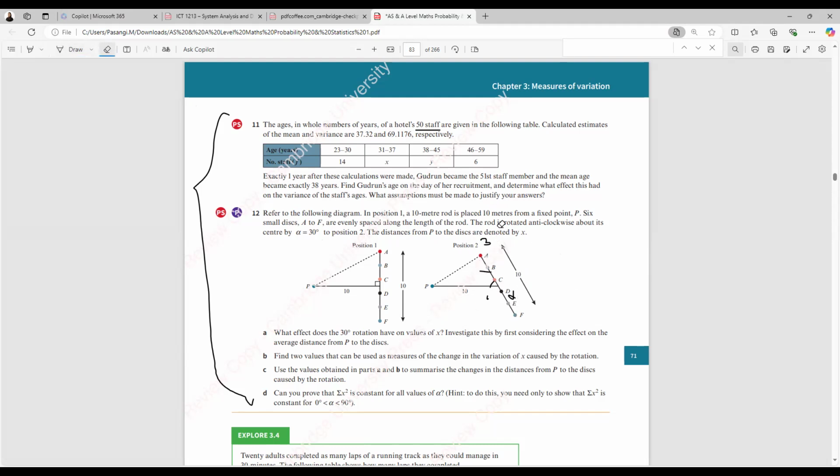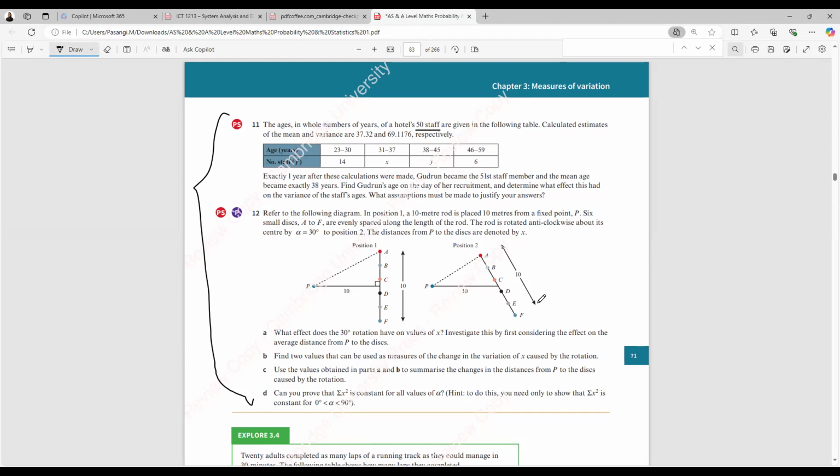From the point P, the distances from P to the discs are denoted by X. P to A, P to B, P to C, P to D, likewise. Then what effect does the 30 degree rotation have on values of X?